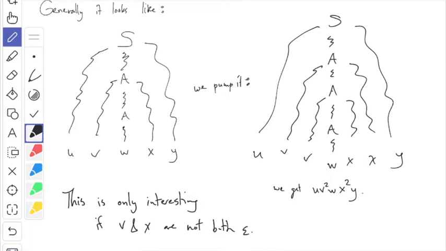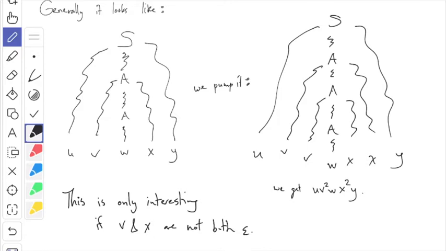If V and X were both the empty string and you did this pumping, then the string you get after the pumping would be the same as the string you already had. So the pumping really would have no effect. If the V and the X are both the empty string, pumping the parse tree doesn't do anything. It's still legal, but it has no real relevance. All right. This is only interesting if the V and the X are not both epsilon.